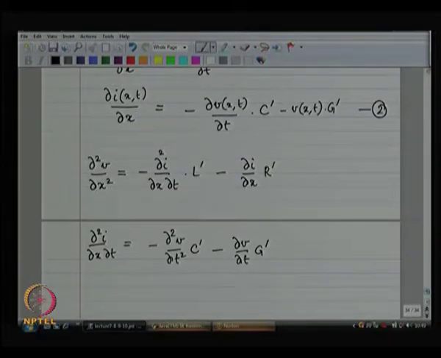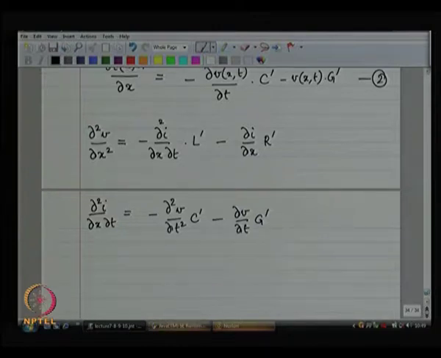Okay. Now, we are going to plug in the value of dou squared I by dou x dou t. So, let us call these equations 3 and 4. Equation 4 gives me a relationship of dou squared I by dou x dou t purely in terms of voltages.